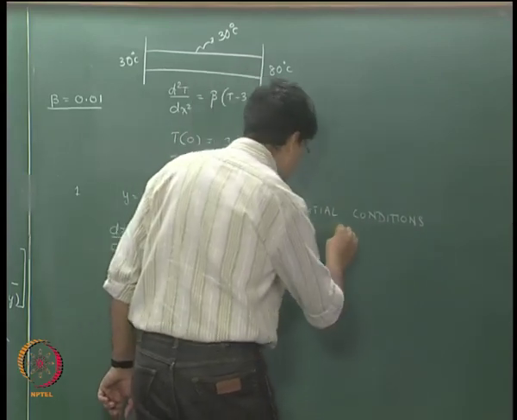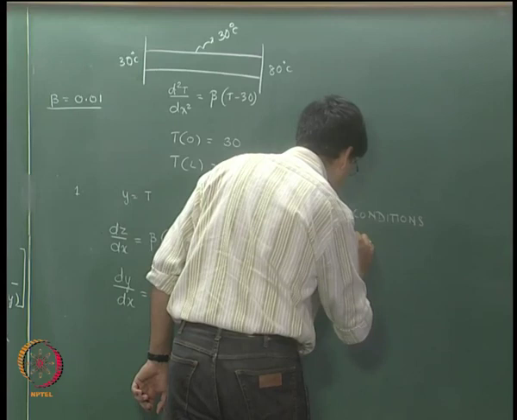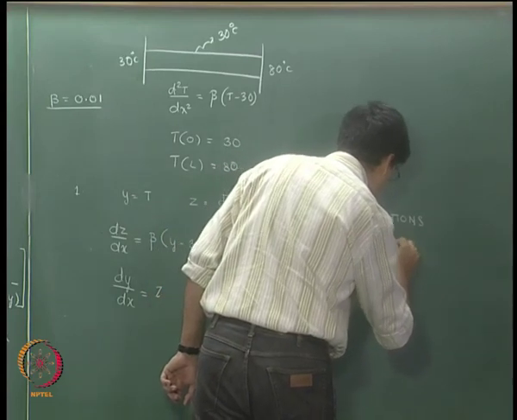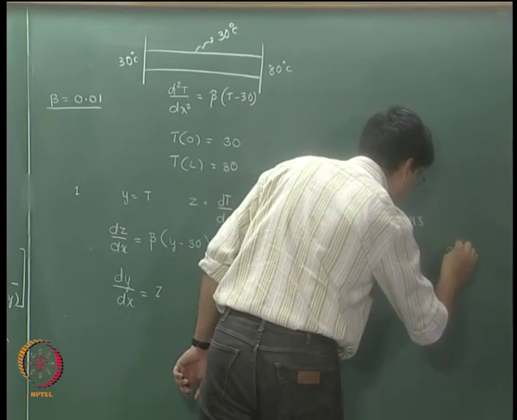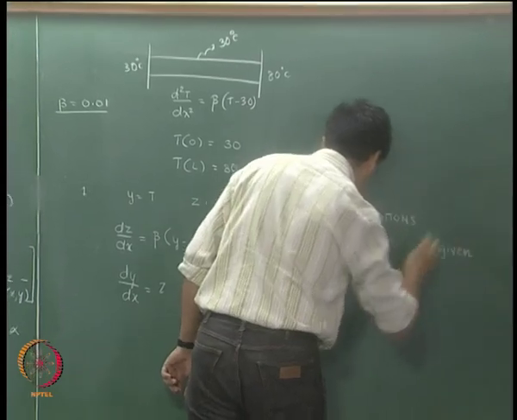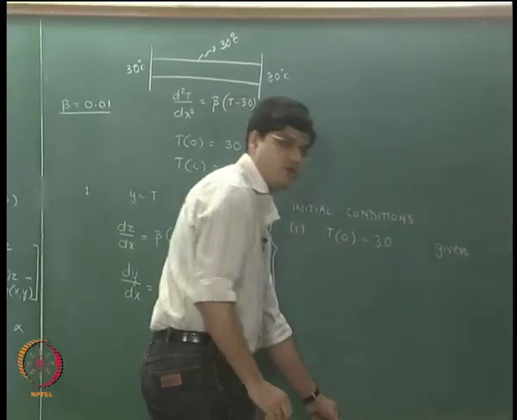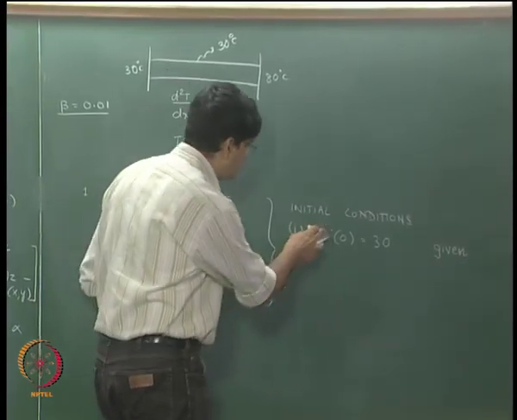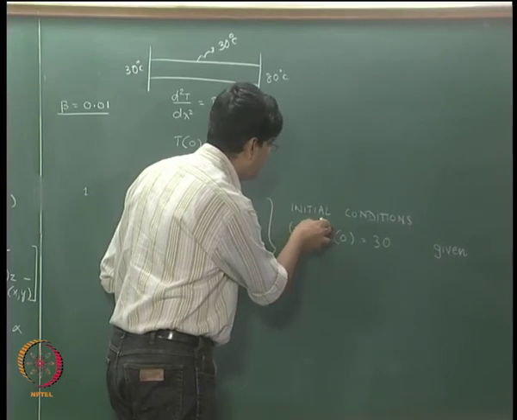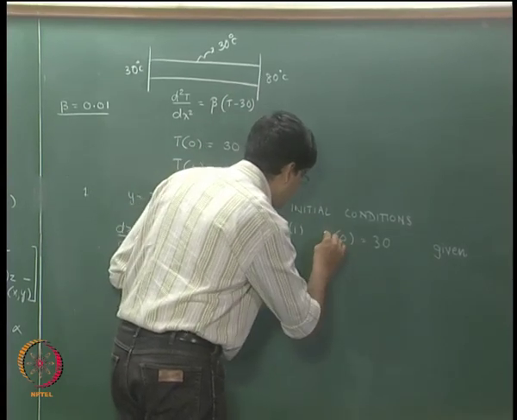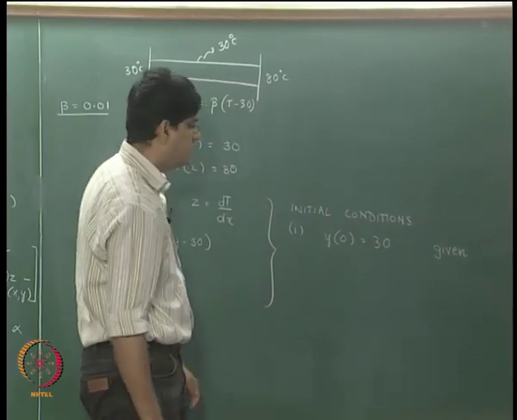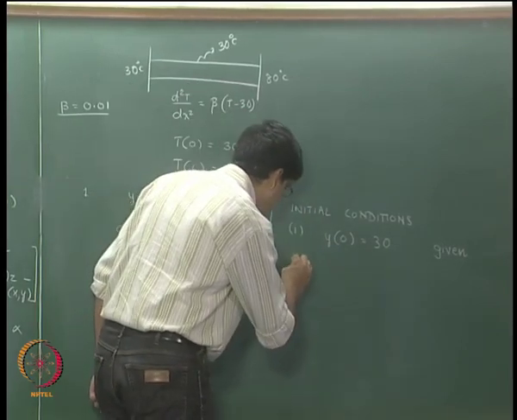the first initial condition is T0 equal to 30, given, and T0 equal to 30 basically means that y of 0 equals 30. So I will write this as y0 equal to 30 as the given initial condition.